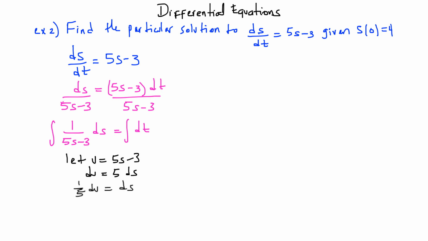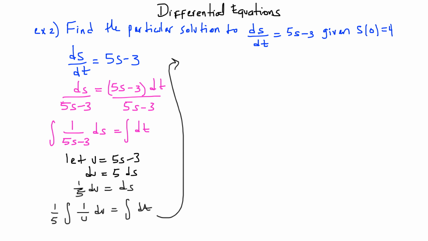And so our integral becomes the integral of 1 over u, and ds becomes 1/5, which is a constant, so we can factor it out, du. And that equals the integral of dt. Let me bring this way up here and go from there.